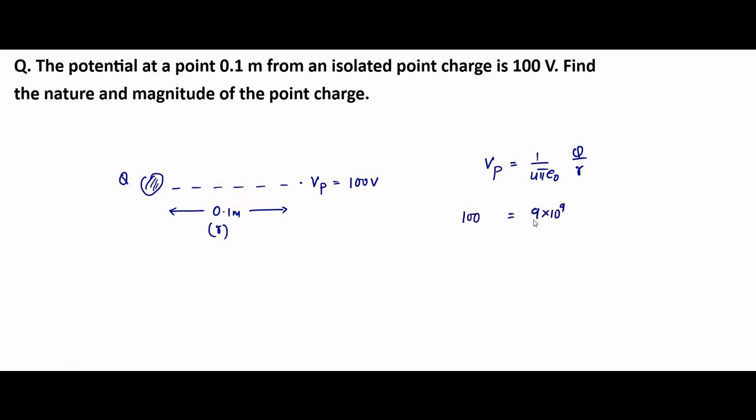This is 9 into 10 to the power 9, 1 by 4 pi epsilon 0, Q by 0.1. We have to find Q. That implies Q is equal to 100 into 0.1 by 9 into 10 to the power 9. So it is coming plus 1.1 into 10 to the power minus 9 coulomb, or 1.1 nanocoulomb. So very simple and straightforward. This is the solution.